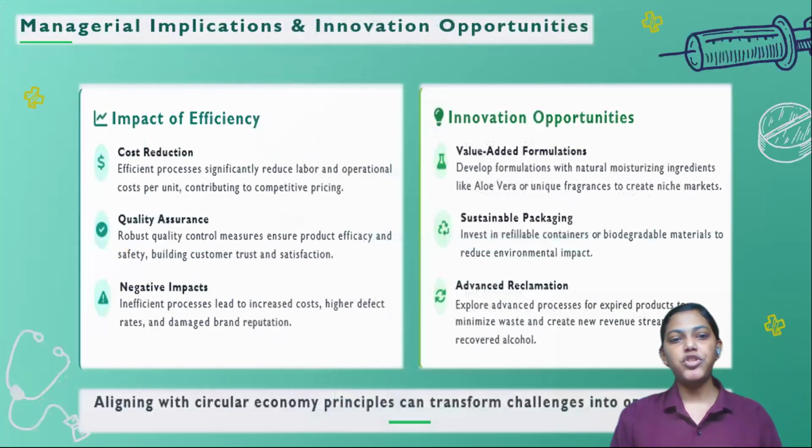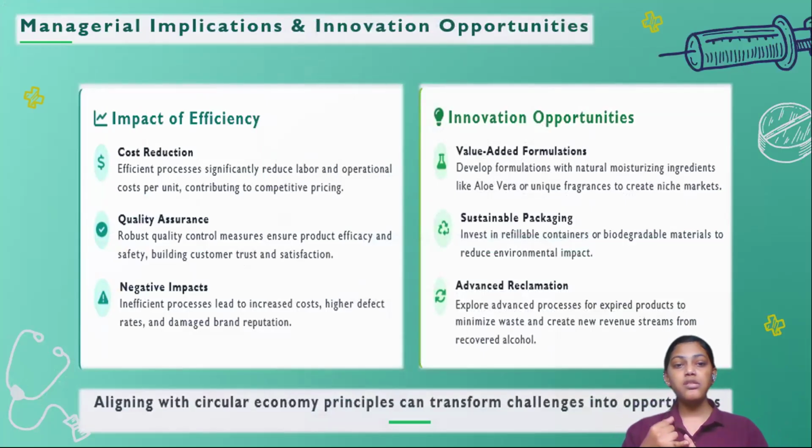Impact of efficiency. Efficient production helps in cost reduction, quality assurance, and reducing negative impacts. Inefficient processes lead to increased cost, higher defect rates, and damage to brand reputation. But quality assurance helps in developing the brand image as well as customer satisfaction.